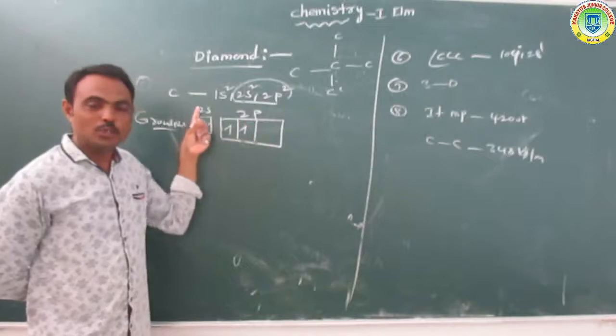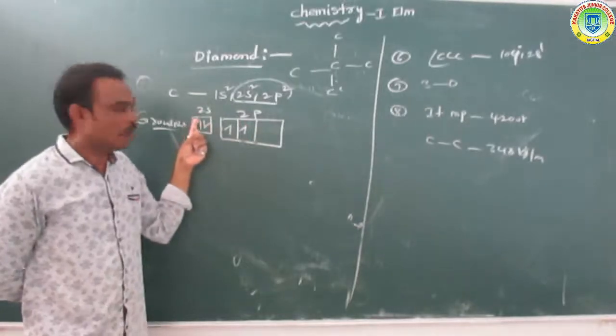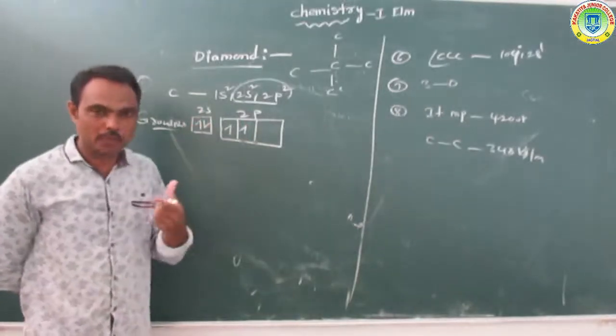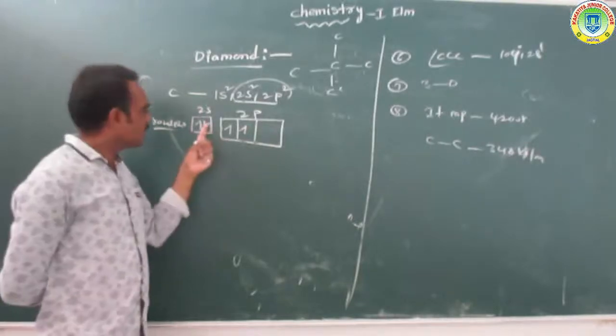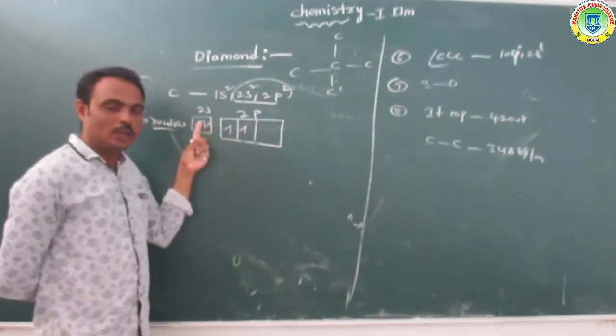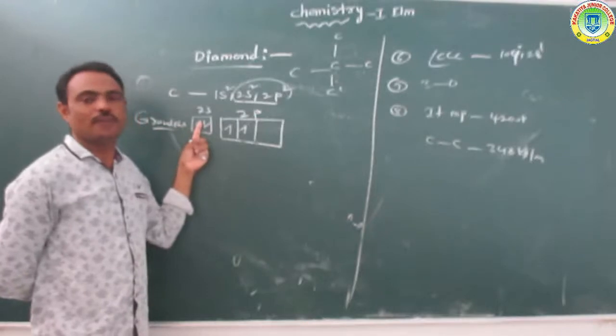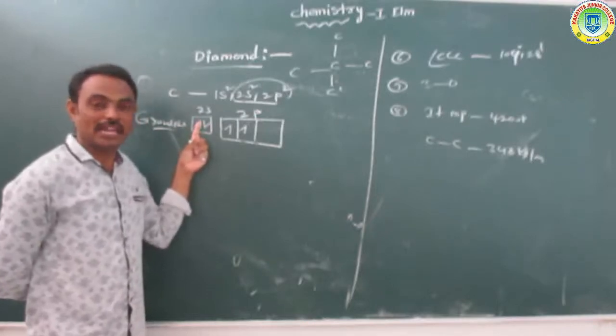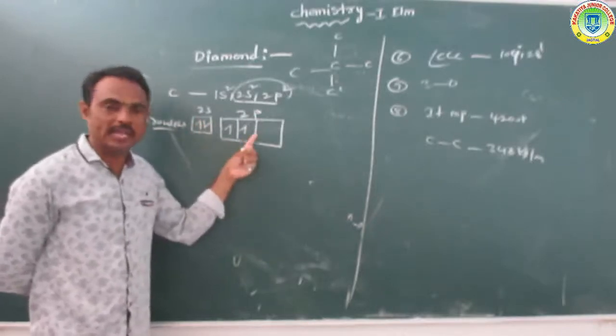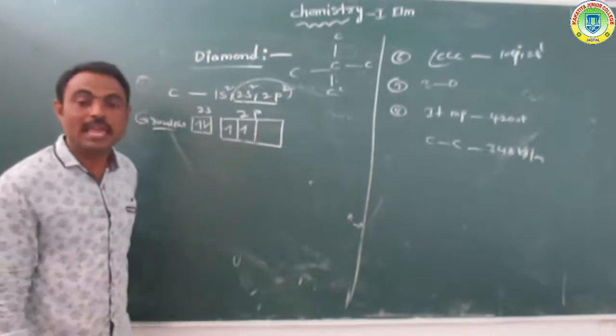When the lower energy 2s orbital absorbs some energy, at that time the electron of the lower energy orbital jumps to higher energy. So it is called the excited state.